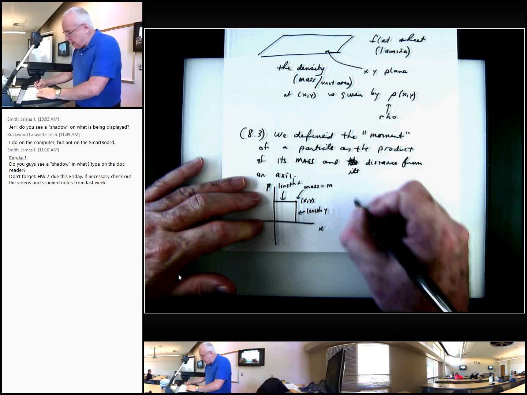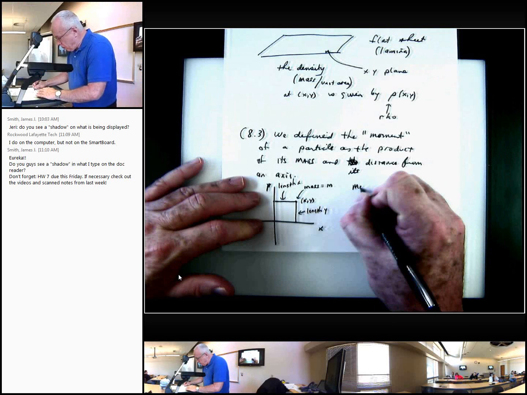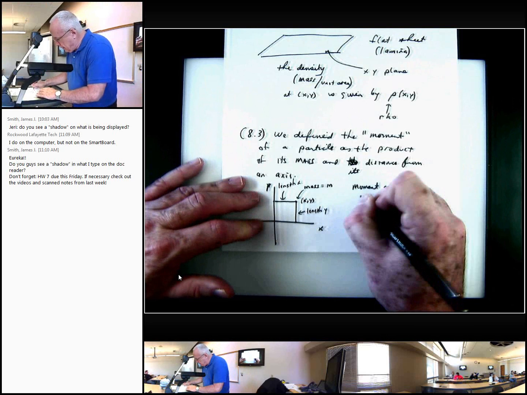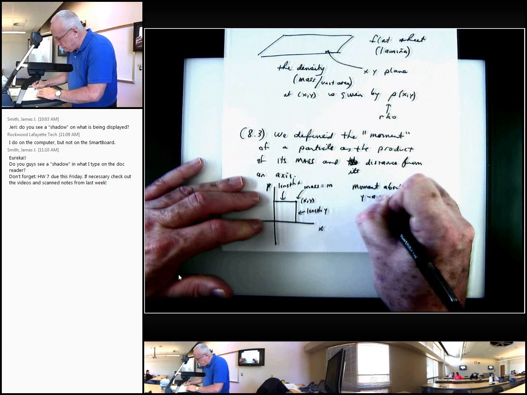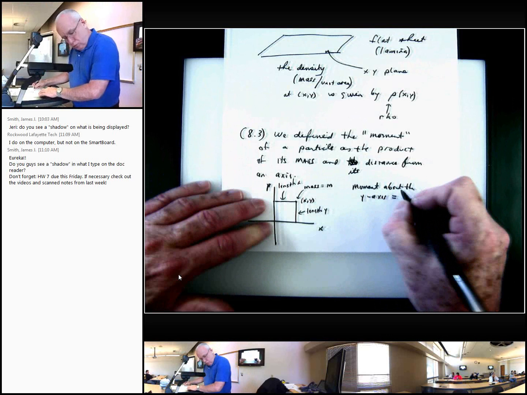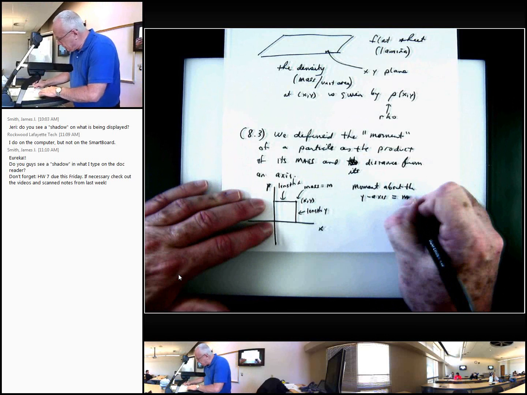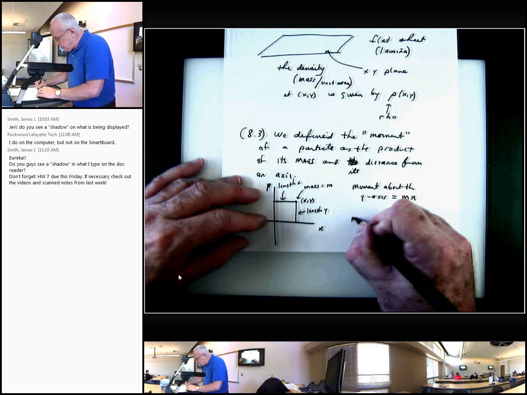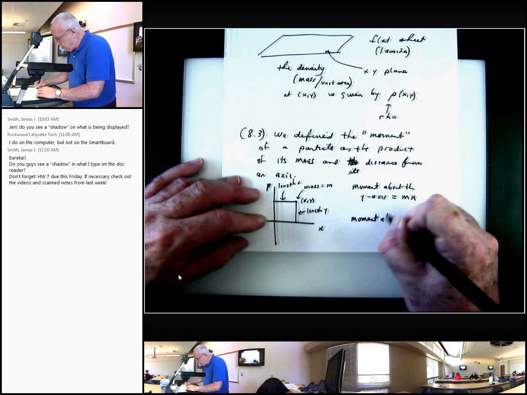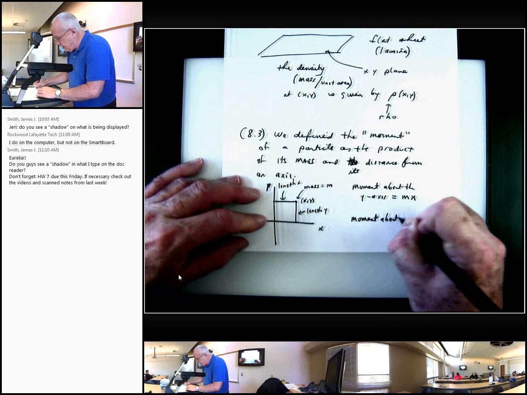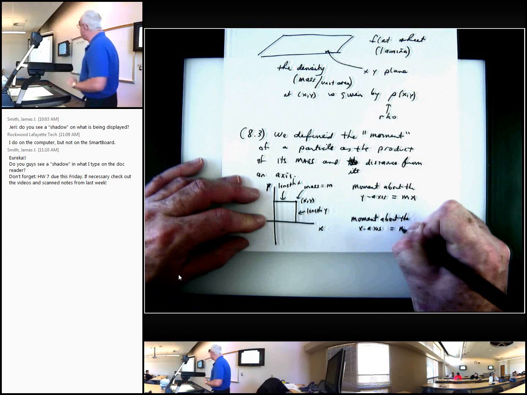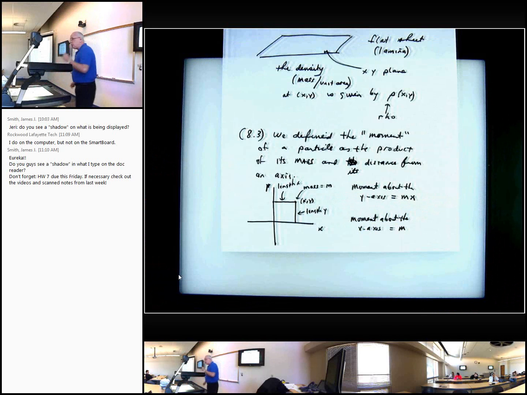So what we had defined was this: the moment about the y-axis is equal to m, the mass, times x, the distance to the y-axis. Similarly, the moment about the x-axis also is the mass m times the distance to the x-axis.